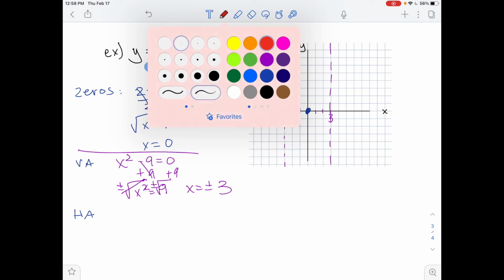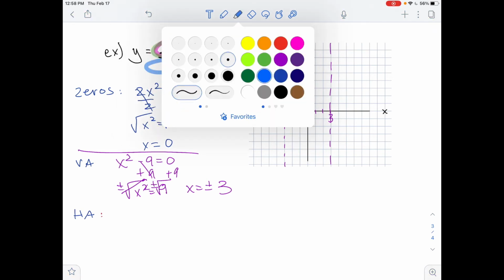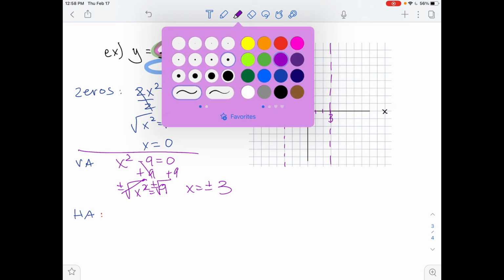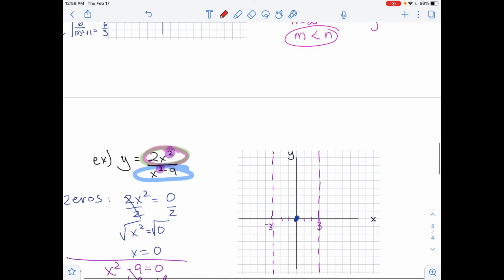And then for our horizontal asymptote, we're going to compare our degrees here and here. So our numerator degree, m, is 2, and our denominator degree, n, is also 2. So they're the same. In this case, m equals n.